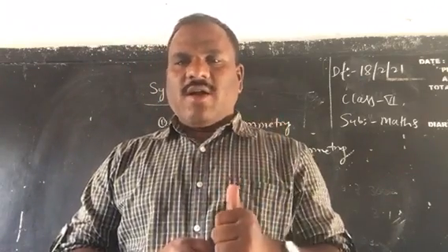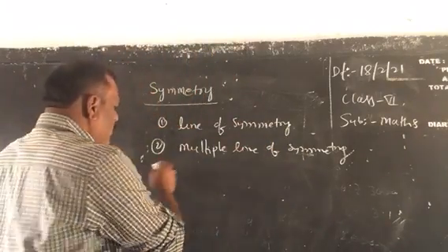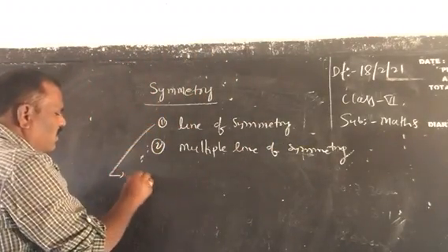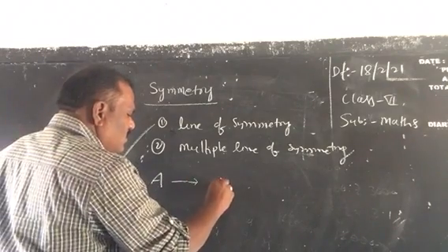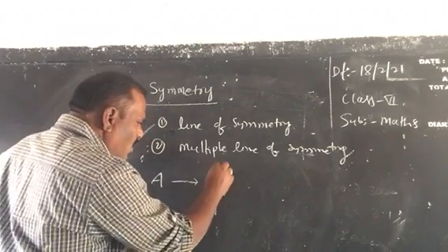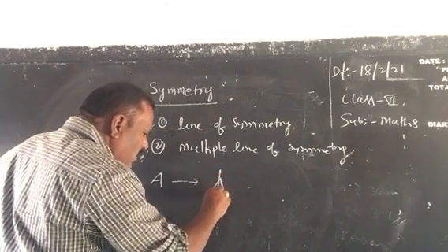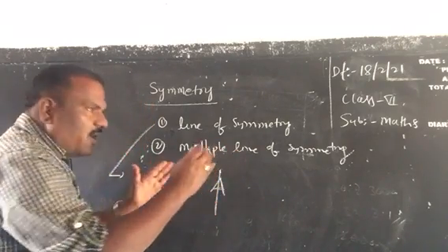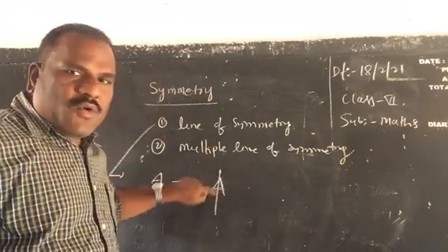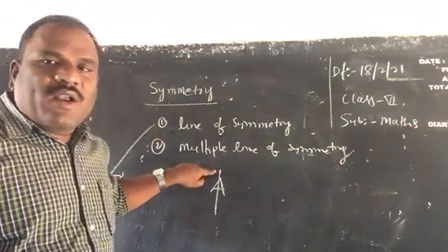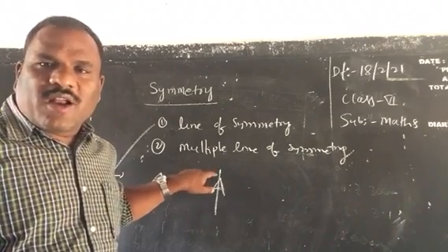For example, children, take the letter A. Letter A possesses a vertical line of symmetry. If you draw a line through the corner of the A, this line divides the A into two equal parts. So this is called a vertical line of symmetry.